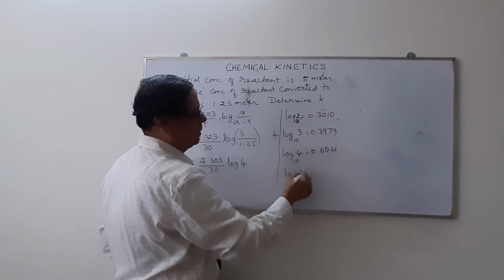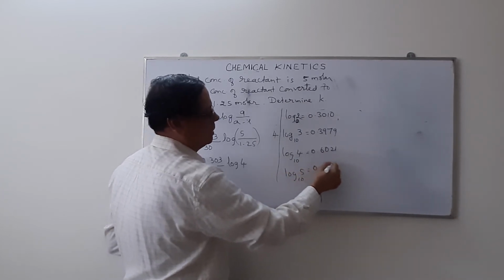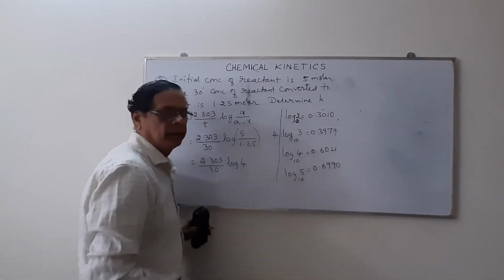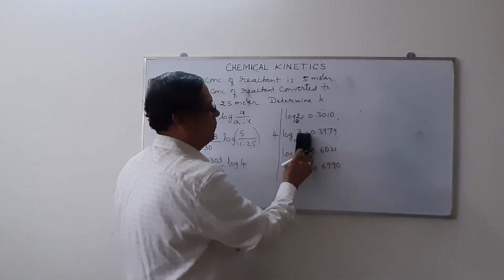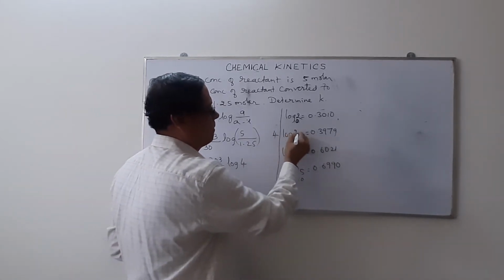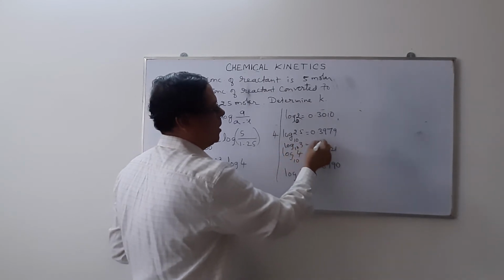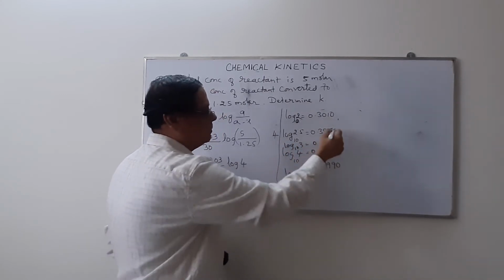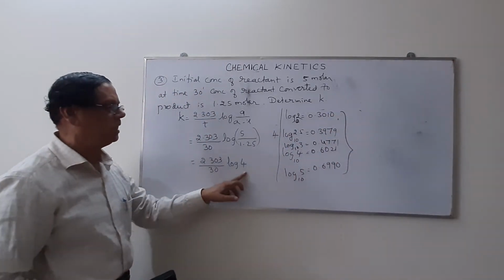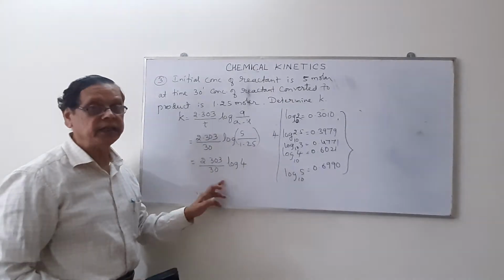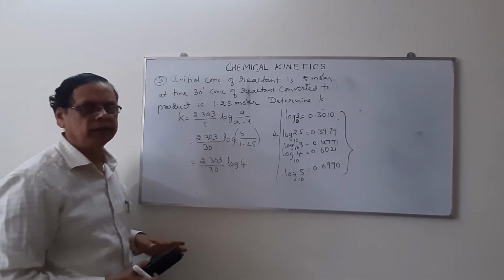Log 5 to the base 10 is 0.6990. If you remember at least these logarithms, we can very easily calculate such things, especially in the competitive examinations. In board examinations, they may provide you the log table.